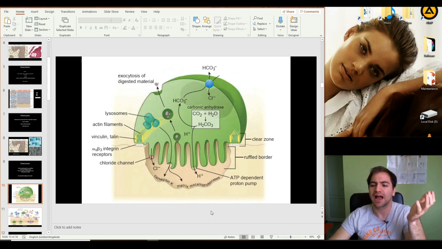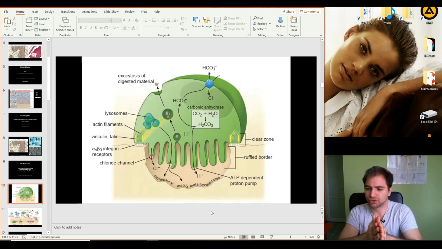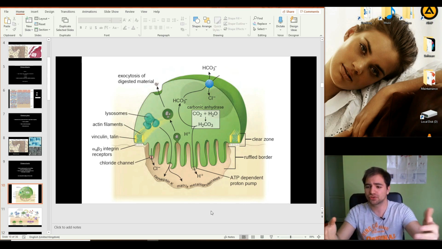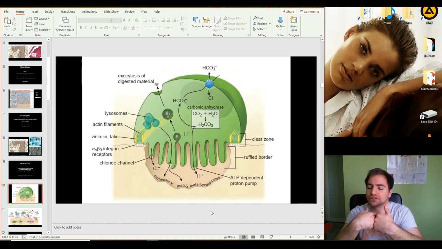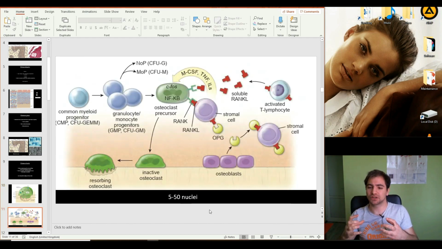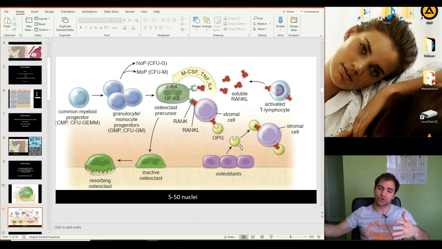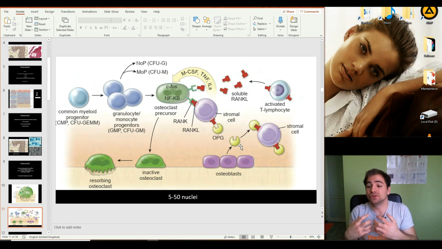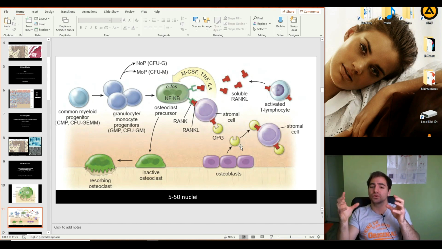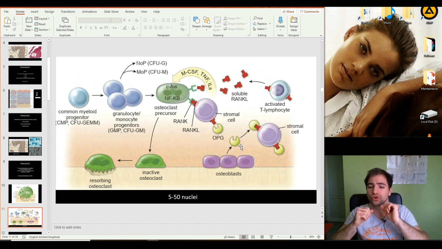So, how do these monocytes know where to go? How do the monocytes that typically reside in the bloodstream know where to go and why to fuse? This is the job of the osteoblasts and the osteocytes. So the highest amount of cytokines is produced by the osteoblasts. Meaning that the osteoblasts produce cytokines. These cytokines as a consequence induce the aggregation of the monocytes, and these monocytes fuse together to form the osteoclast.